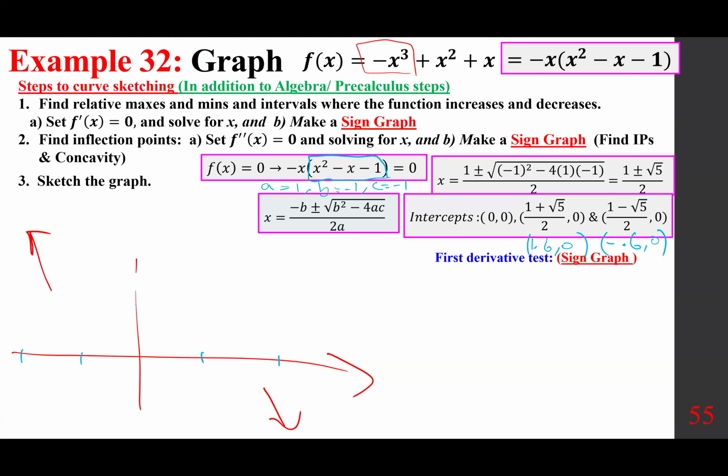Negative 1, negative 2. 1, 2. All right. So obviously we have 0, 0. Then we have 1.6, so somewhere here, 0. And then we have negative 0.60, somewhere here. None of them is to scale.